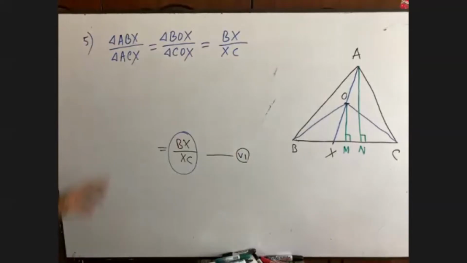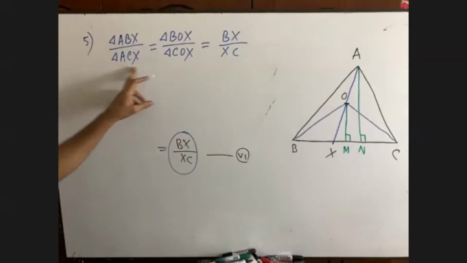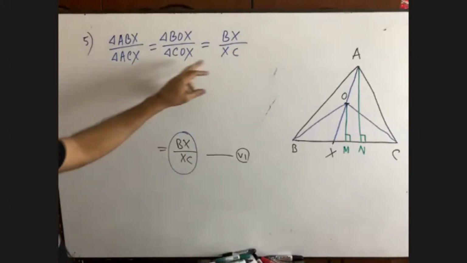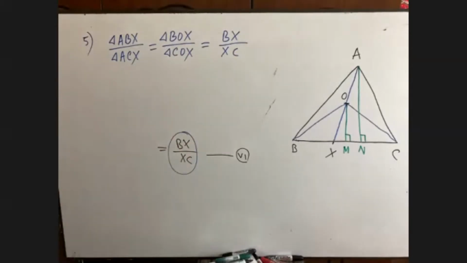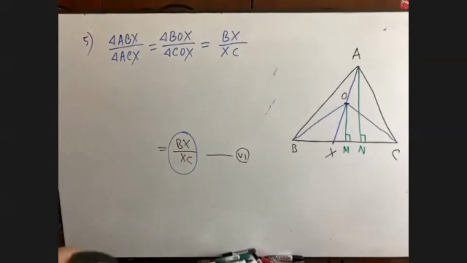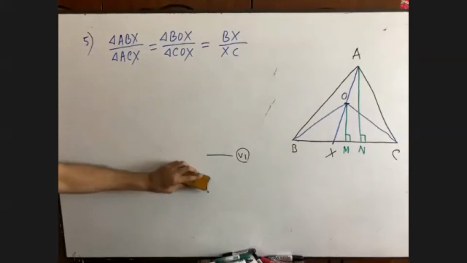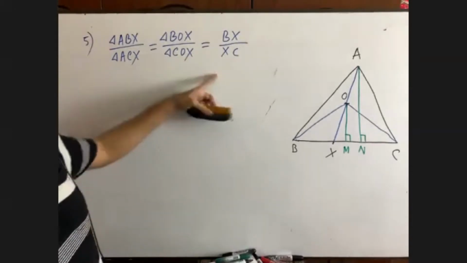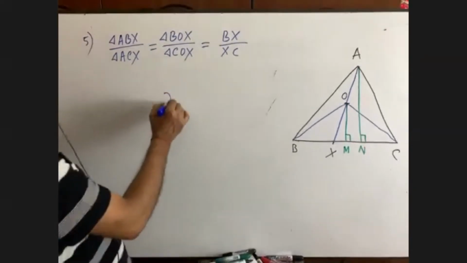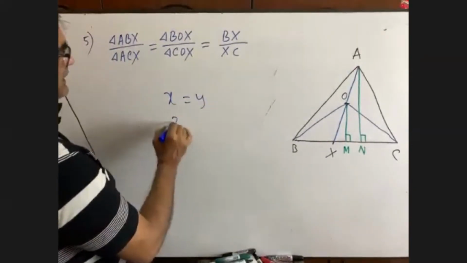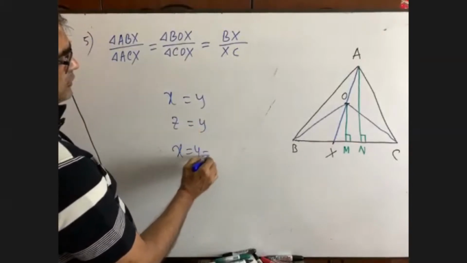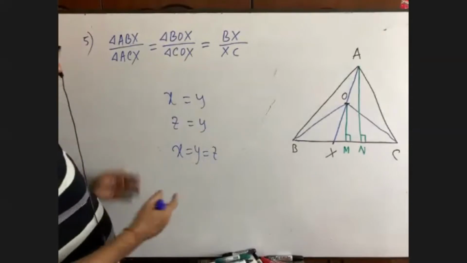I mean, equation number 3, this equals to this. Equation number 6, this equal to this. The right hand sides of equation number 3 and 6 are same. And for this, we can write this. Suppose we are getting x equals to y. Again, z equals to y. What is meant by this? X equals to y equals to z.